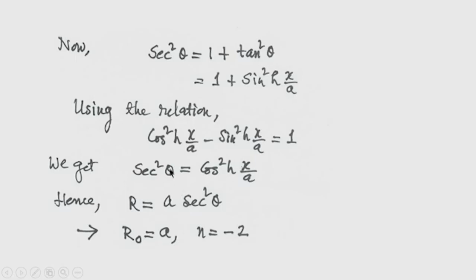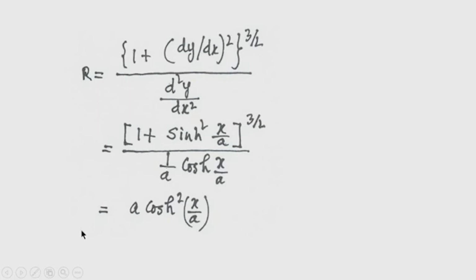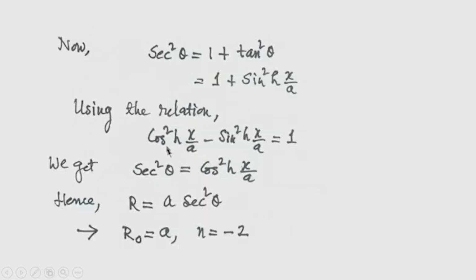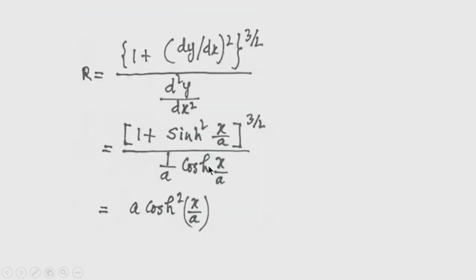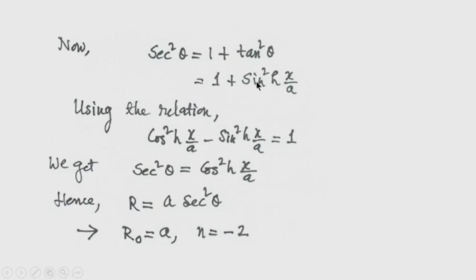Okay. So, again I am telling that the equation has to be brought in the form of r is equal to r naught cos to the power n theta. So, the trigonometrical function cosine has to be brought here. To do this, we take sec square theta equal to 1 plus tan square theta, and this tan theta we already obtained. Tan theta is sin hyperbolic x by a. So, substituting this, we can write sec square theta equal to 1 plus sin square hyperbolic x by a.